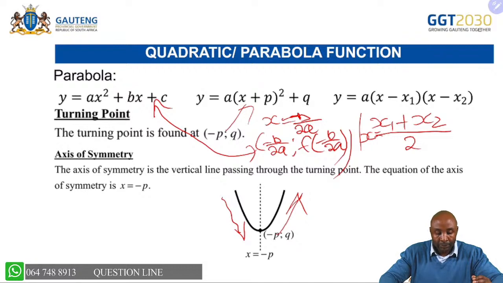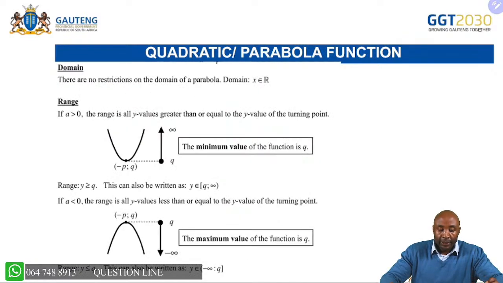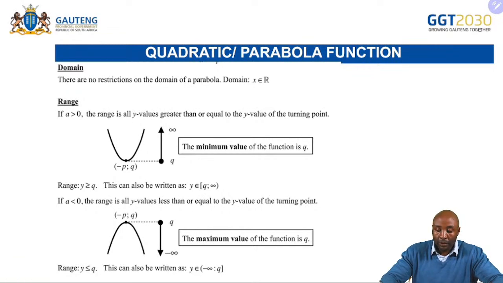We move on. The domain for our quadratic functions, mostly there are no restrictions, but you will find restrictions when it comes to our inverse function of a parabola. The range also depends on the value of our q and also the shape of our graph.